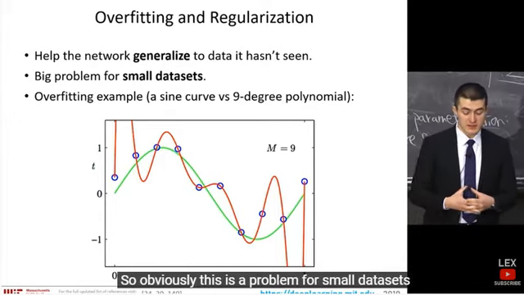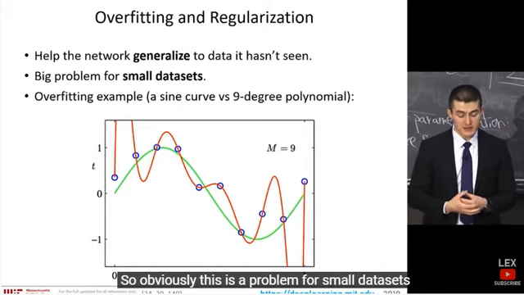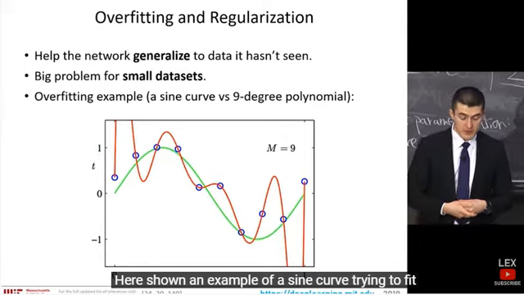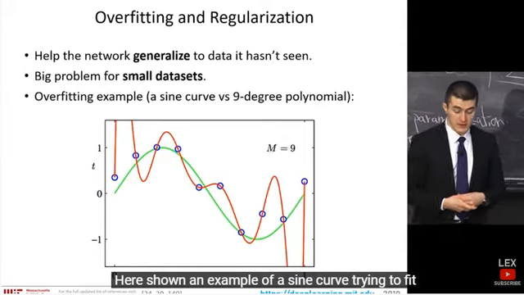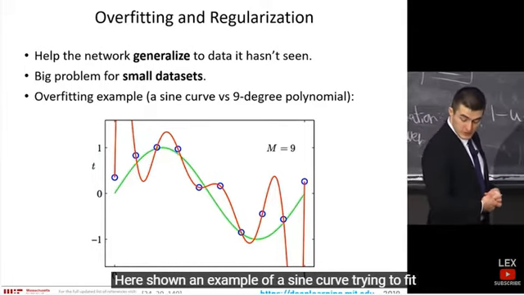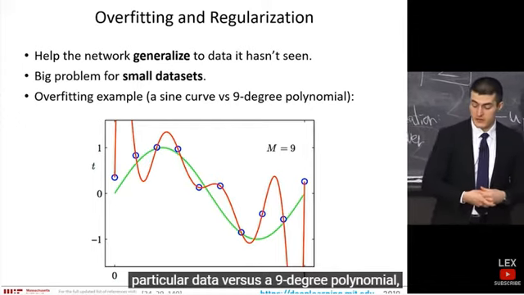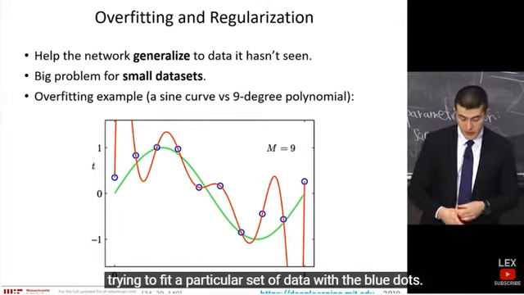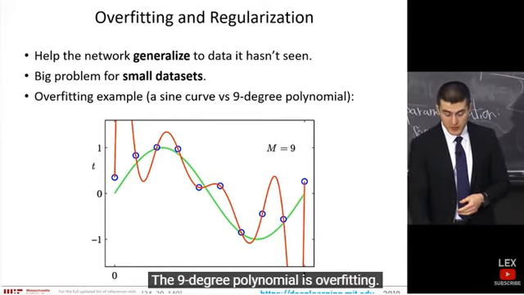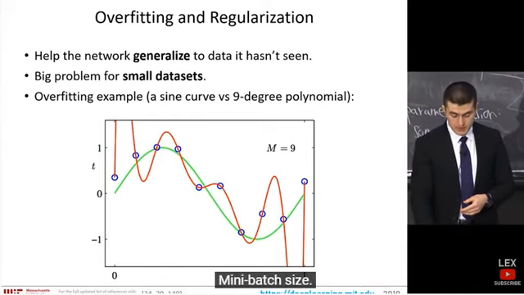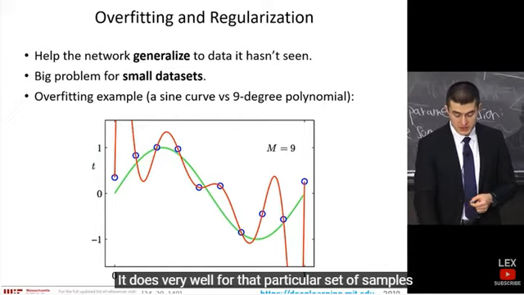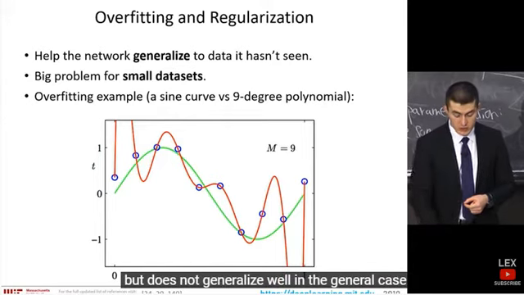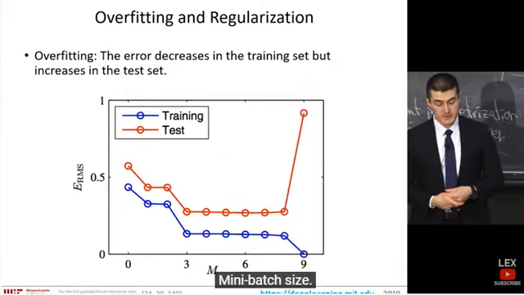So obviously, this is a problem for small data sets and also for sets of parameters that you choose. Here shown is an example of a sine curve trying to fit a particular data versus a 9th-degree polynomial trying to fit a particular set of data with the blue dots. The 9th-degree polynomial is overfitting. It does very well for that particular set of samples, but does not generalize well in the general case.